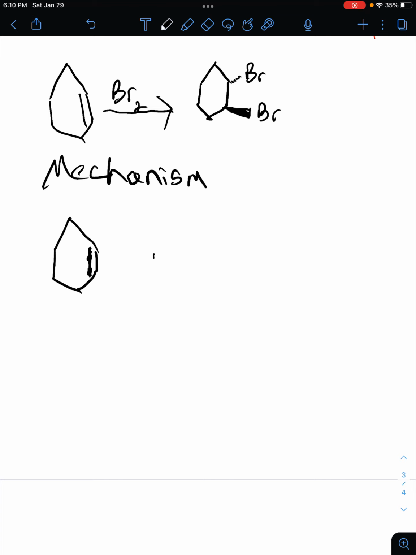And in your beaker or wherever you're doing this reaction, you're going to have these two bromine atoms connected together, and you're going to have these lone pairs of electrons around the bromine. Since this pi bond has a negative charge, as it approaches this bromine here, it's going to make the charge on one side slightly positive and this side slightly negative.